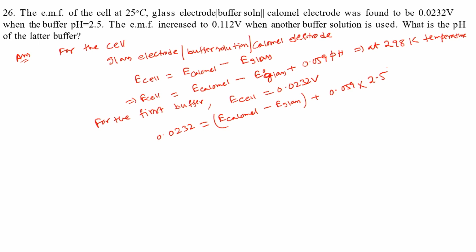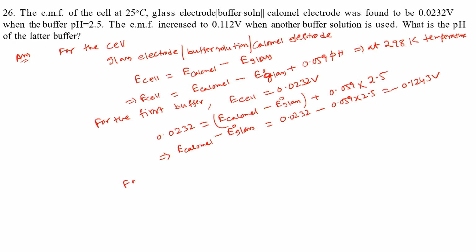Okay, this is one equation. So, from there actually we can calculate this value, E calomel minus E naught glass, which will be 0.232 minus 0.059 times 2.5. So, the value will be minus 0.1243 volt.